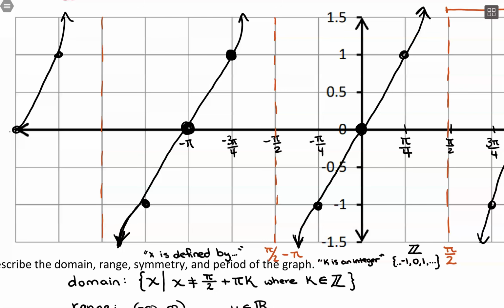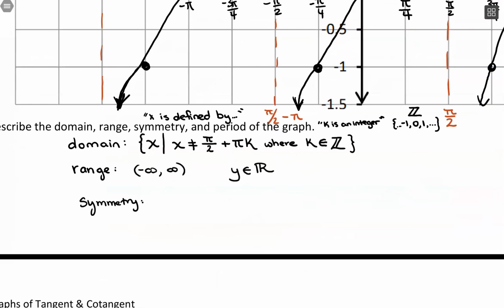So this is not symmetric about the y-axis. If I reflect over, my function isn't there. However, if I reflect it across the y-axis and then across the x-axis, then I end up back at my function. So this is symmetric about the origin. When you have those two reflections, that makes it symmetric about the origin, which means it's an odd function.